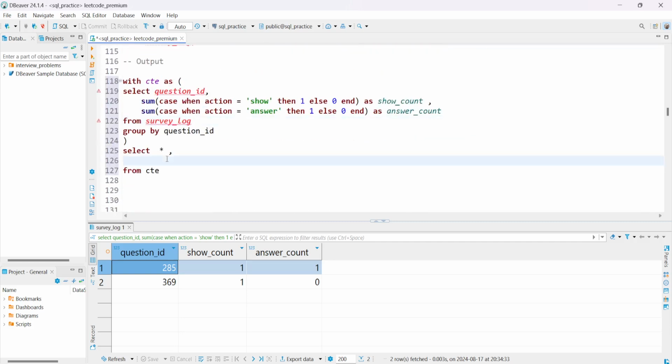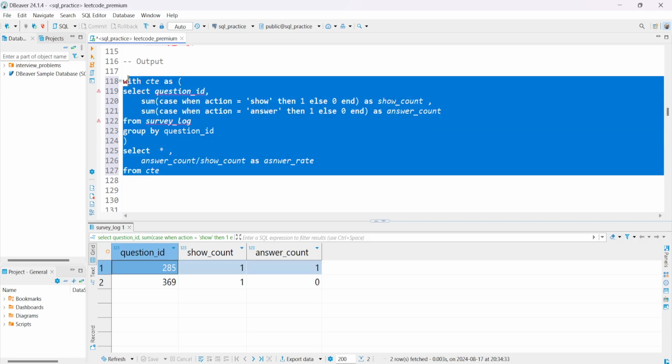So we need answer count, we can copy from here, answer count divided by solve count, right? We can write it as answer rate.